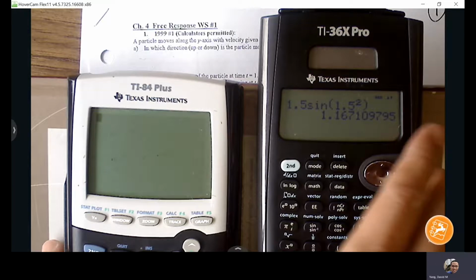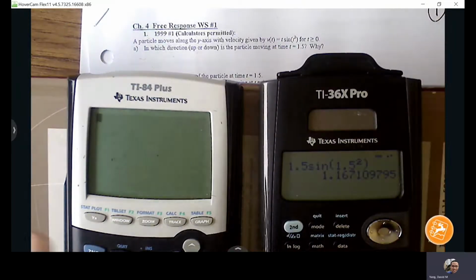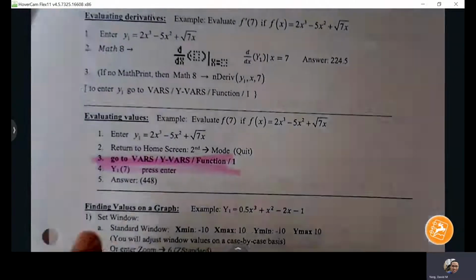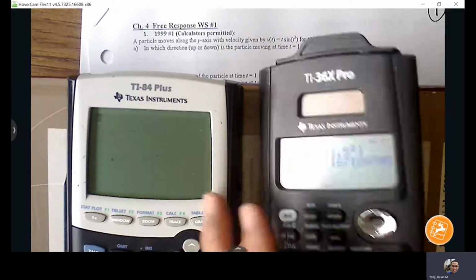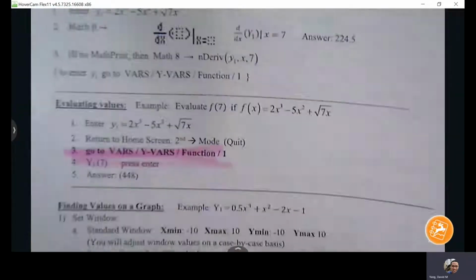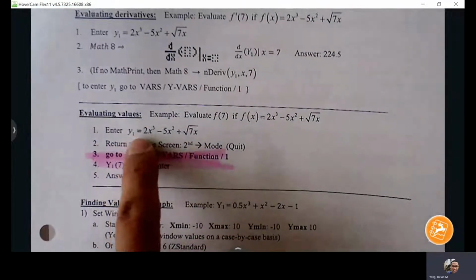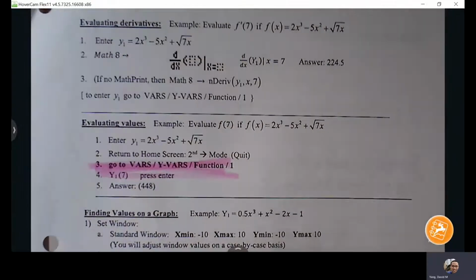So on the graphing calculator, you can enter everything in like how we did on the 36 Pro, or you can have y1 hold that function, and whenever you need it, you just keep referencing it. So I want to show you how to do that.